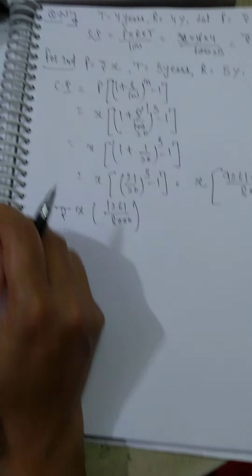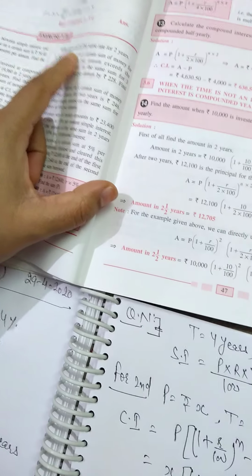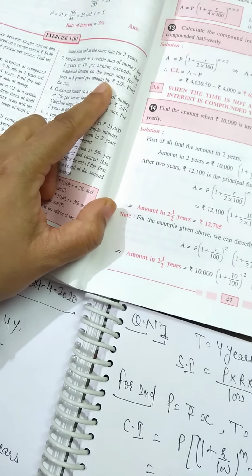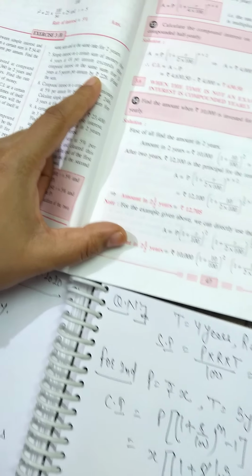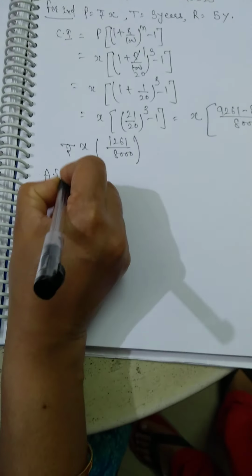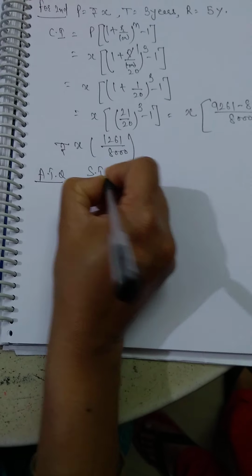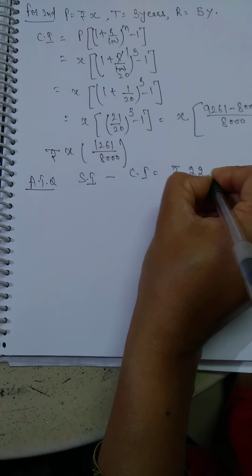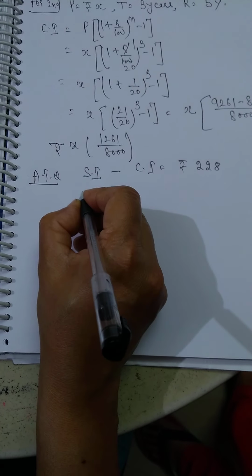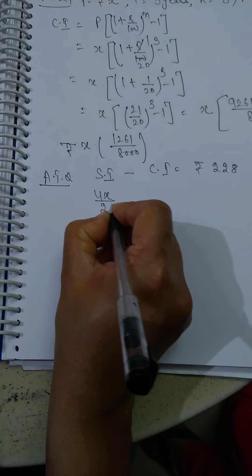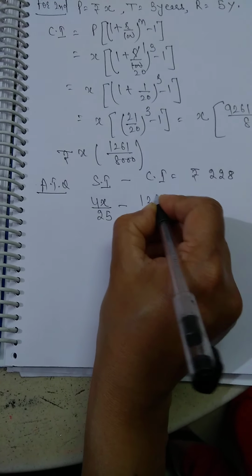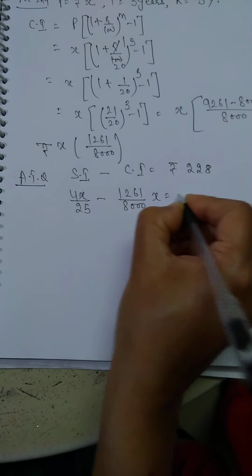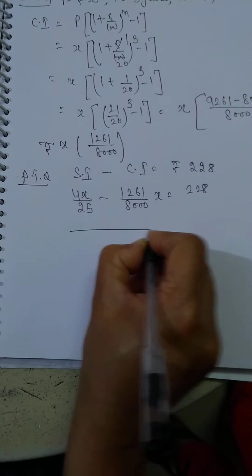But in question we have given that simple interest exceeds the compound interest by 228. So according to question, simple interest minus compound interest is equal to rupees 228. Now put the values. 4x upon 25 minus 1261 upon 8000 is 228. Take the LCM.